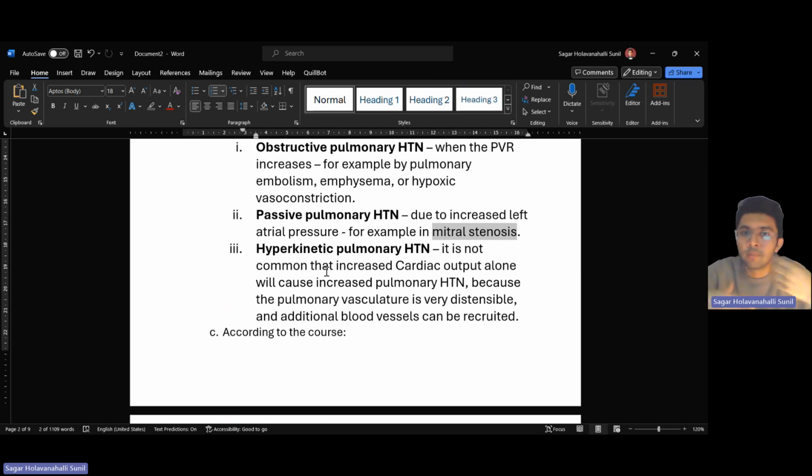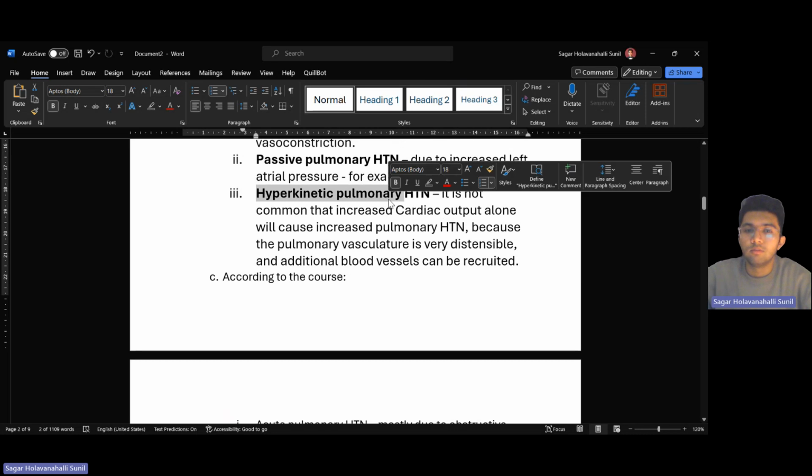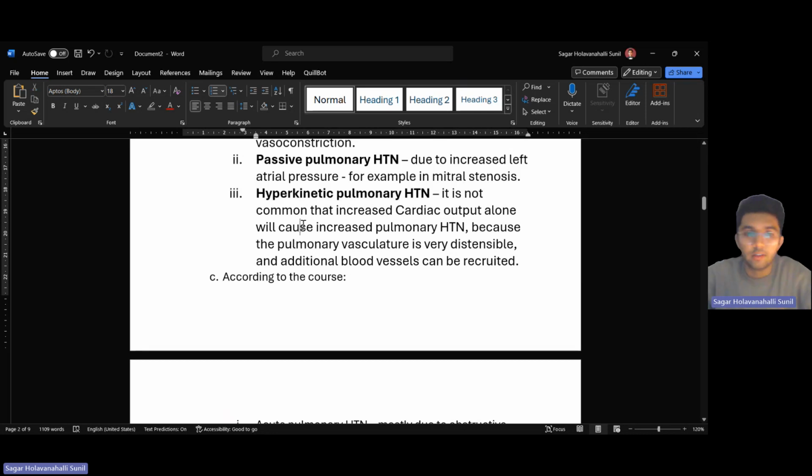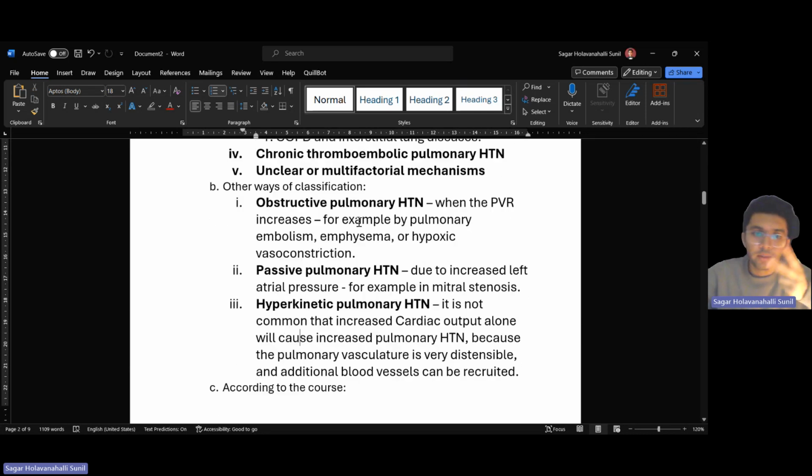So many vessels will become occupied with blood that there'll be increased blood flow, okay, and that can also cause pulmonary hypertension. Again, this is a bit weird, but just know it. That's the second method of classification.